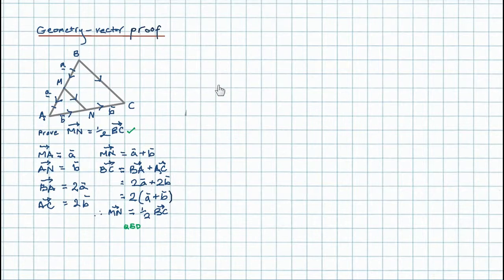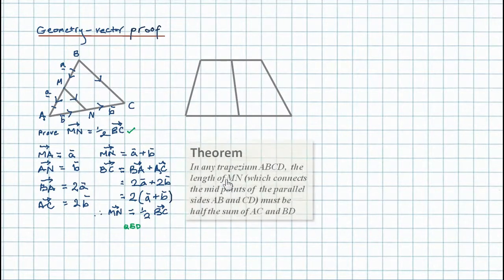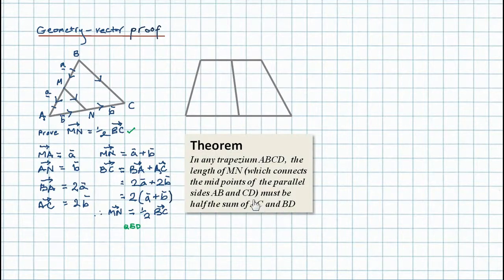So let's do another one. If I draw a trapezium this time, what I'm going to do is draw a midpoint to midpoint, a central line here, so it travels down from there to there. And let's have a look at the theorem. So this theorem says that in any trapezium ABCD, the length of MN, which connects the midpoints of the parallel sides AB and CD, must be half the sum of AC and BD.